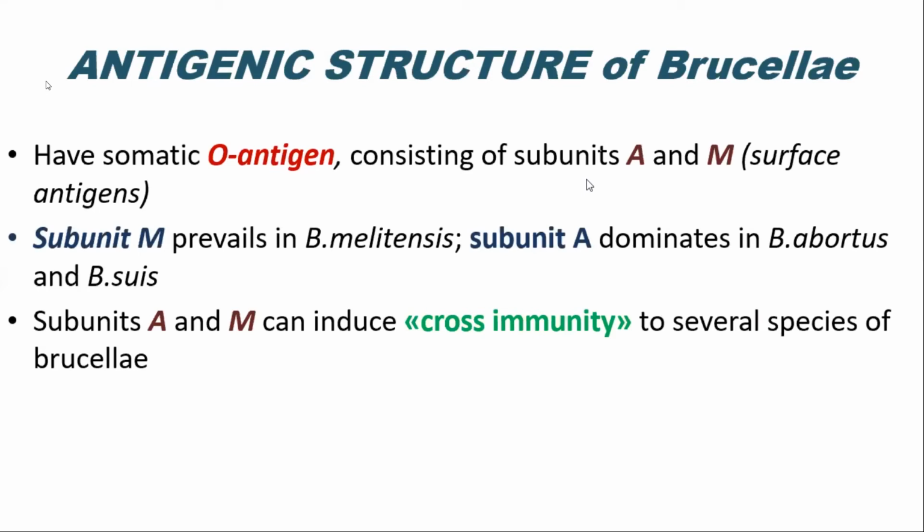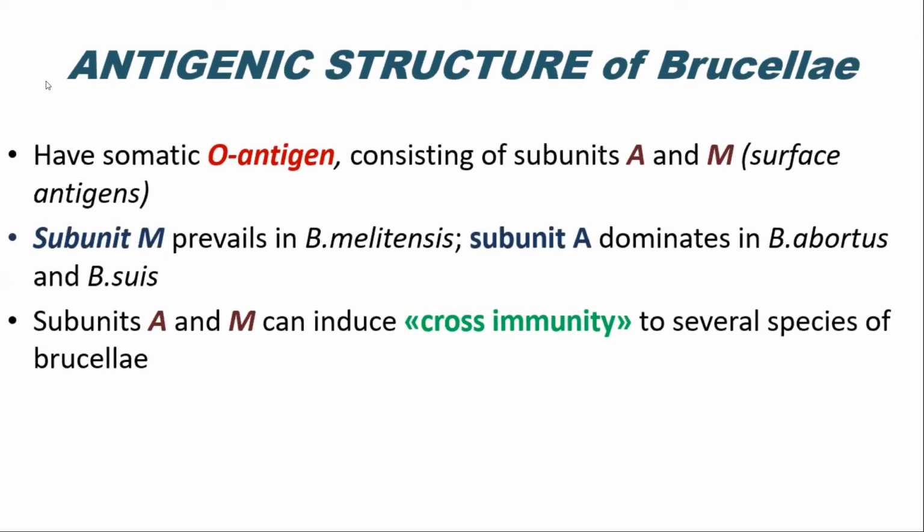But the fact that any species of Brucella contains both subunits A and M helps to develop immunity against all possible sorts of Brucella.